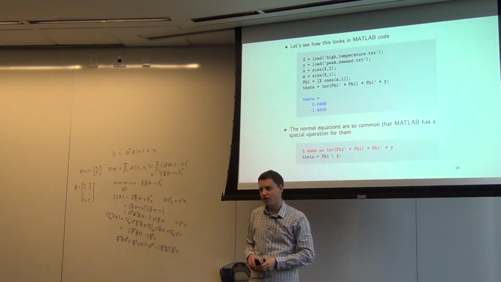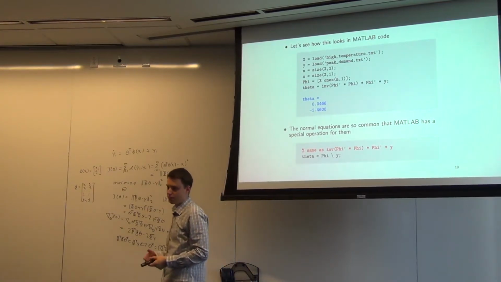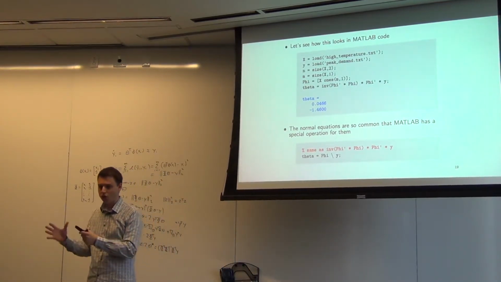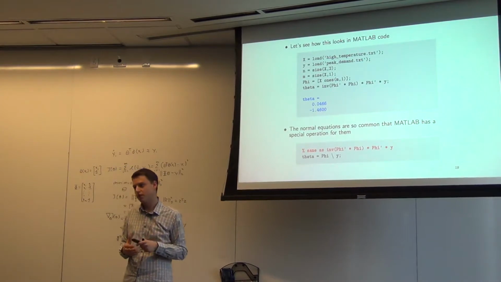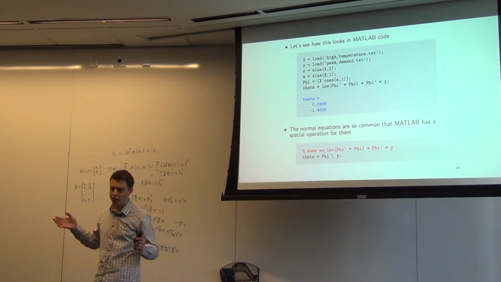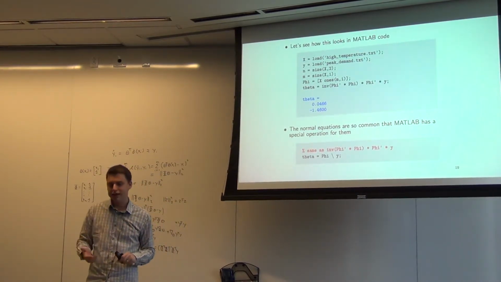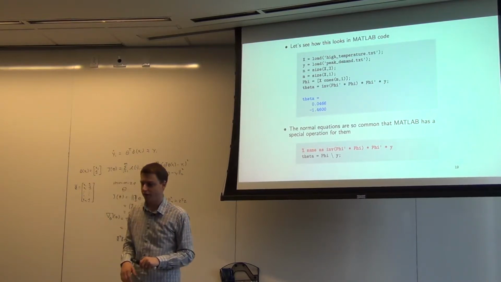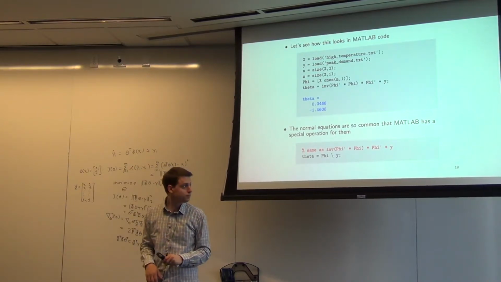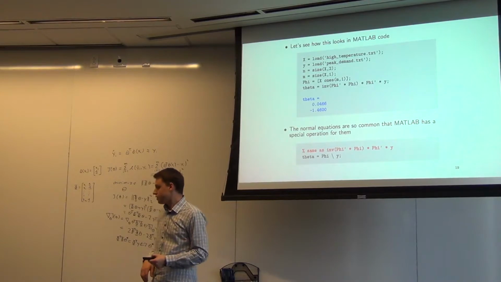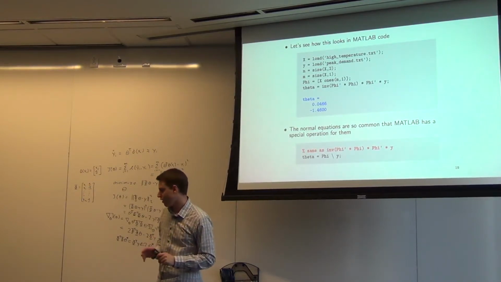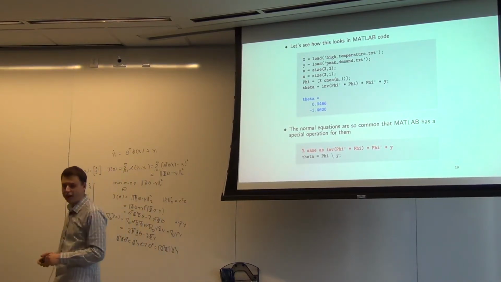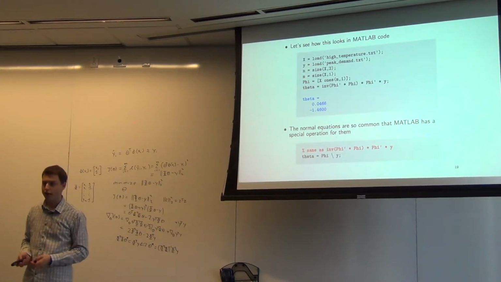Whereas if you're writing in, say, C or Java, you sometimes have to write a whole framework of code before you can even solve this problem. Of course, that code exists out there, but you have to become familiar with it. So it tends to be pretty easy to use Matlab for these kinds of things. That's the first bit of our class today. Are there any questions about any of this?